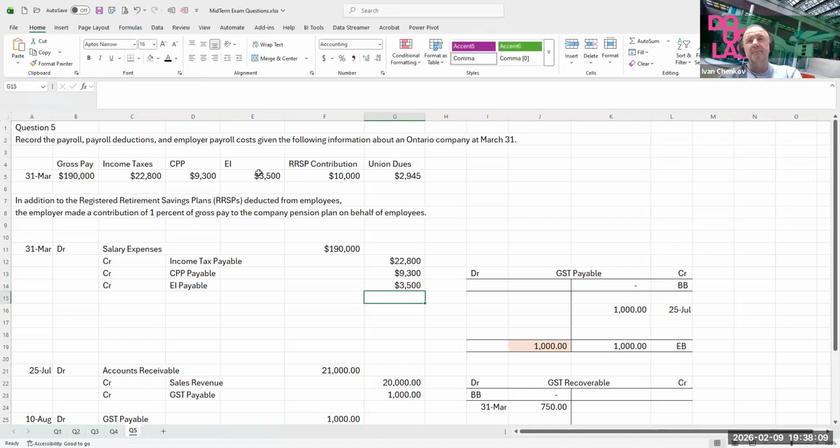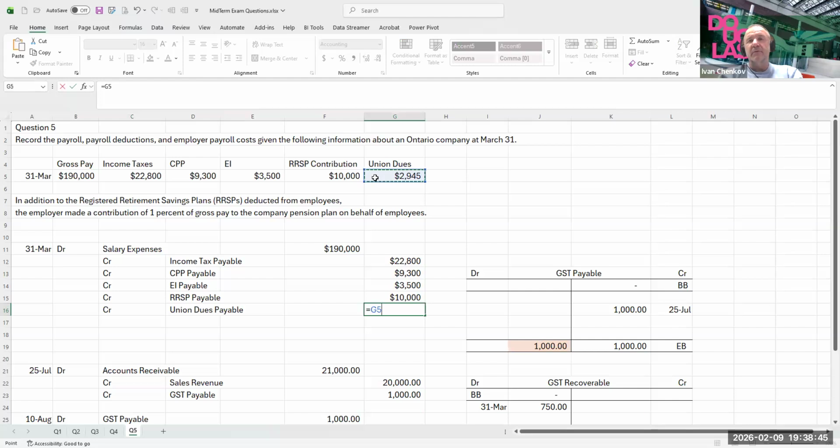Next thing, we're going to credit RSP payable, and we're going to take it from the employee. We have to contribute that money and put it in their RSP accounts. That will be 10,000. And the last one, the employee has to pay their union dues. And that will be 2,945.